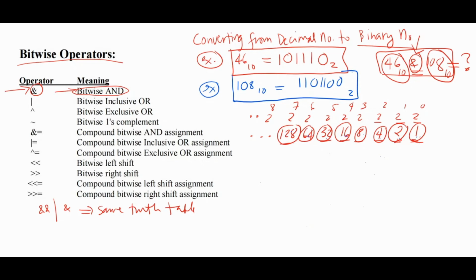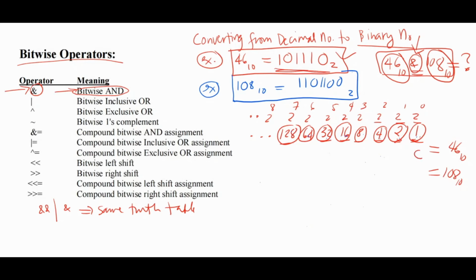Say this one here is the binary equivalent of decimal number 46, and this line here is the binary number for 108 base 10. From our previous discussion, the binary equivalent of 46 is this one in here. Let's copy it here.